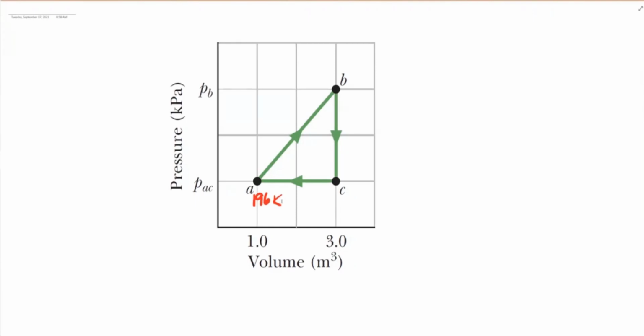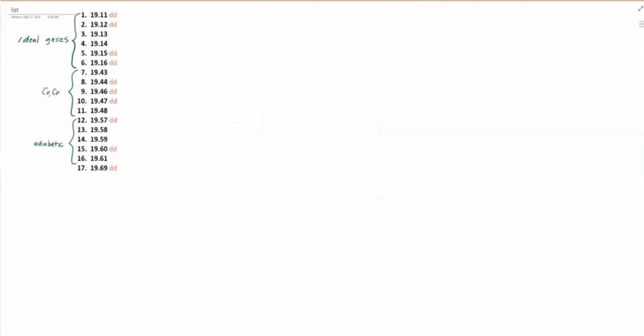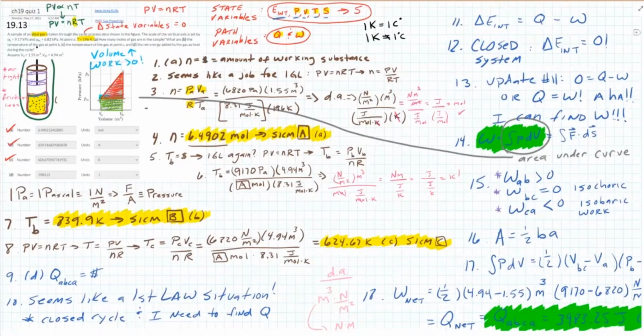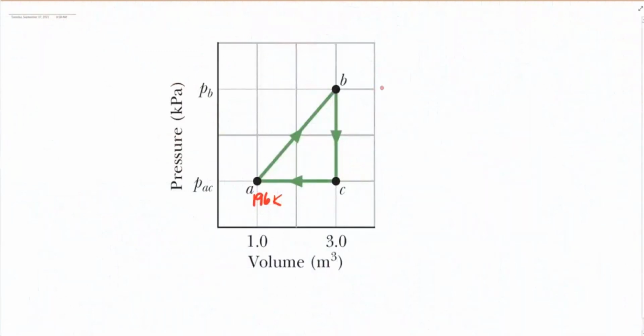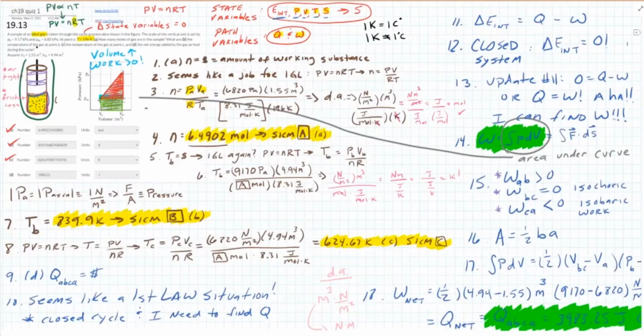So for me, the energy at B was about 840. So I'm going to label this as 840 Kelvin. And also with my numbers, the energy at state C was given as 625.